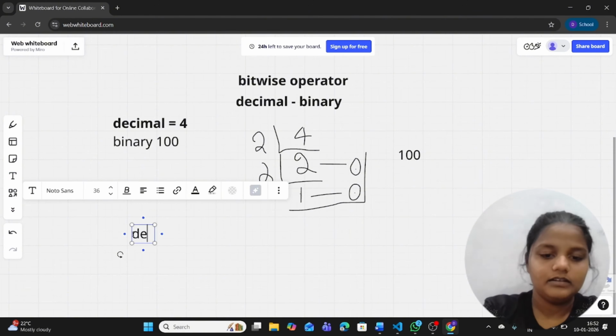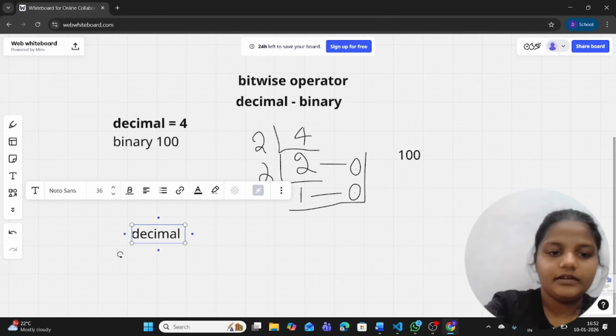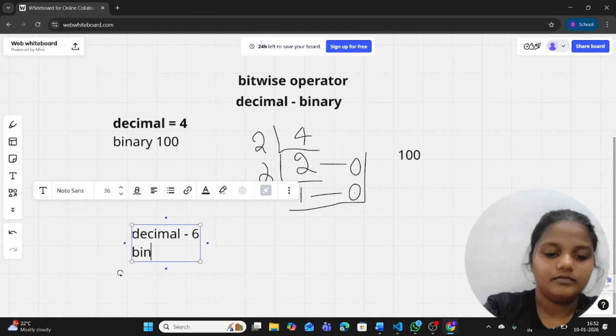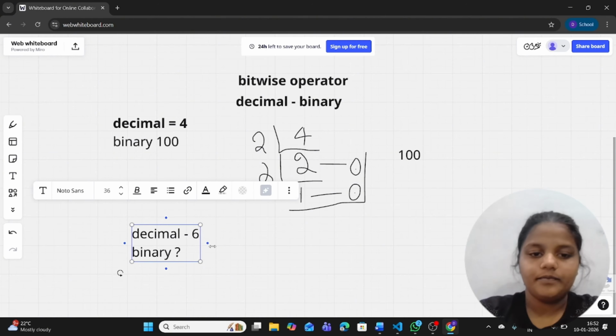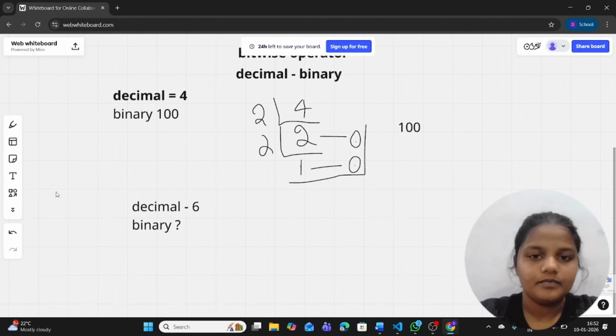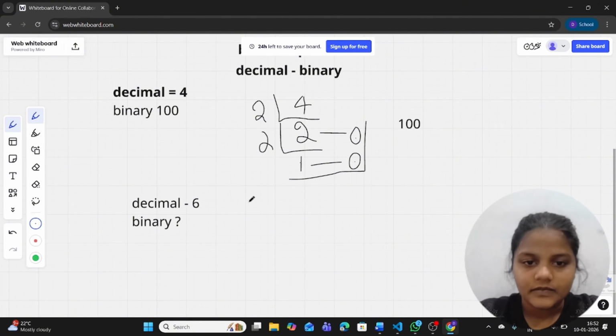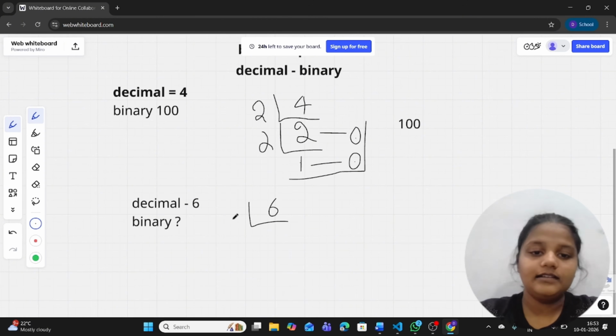Now I have given the decimal number as 6. What is the binary value? First we take that number, then we divide it by 2. Two 3s are 6, and we get the remainder 0.